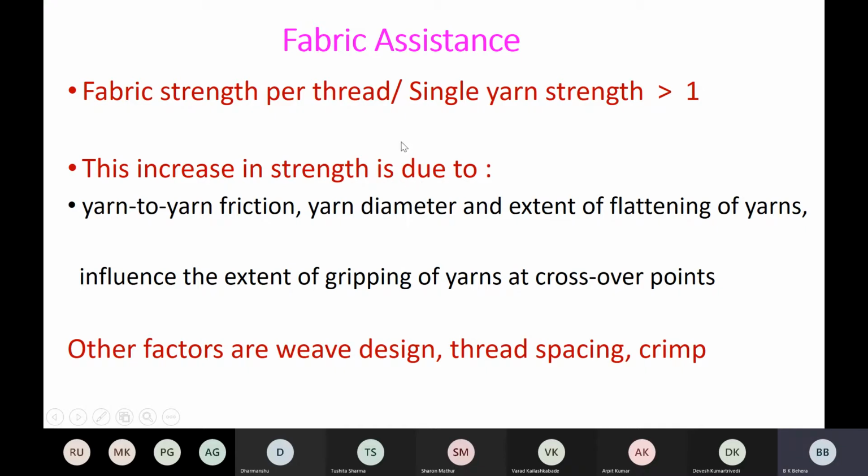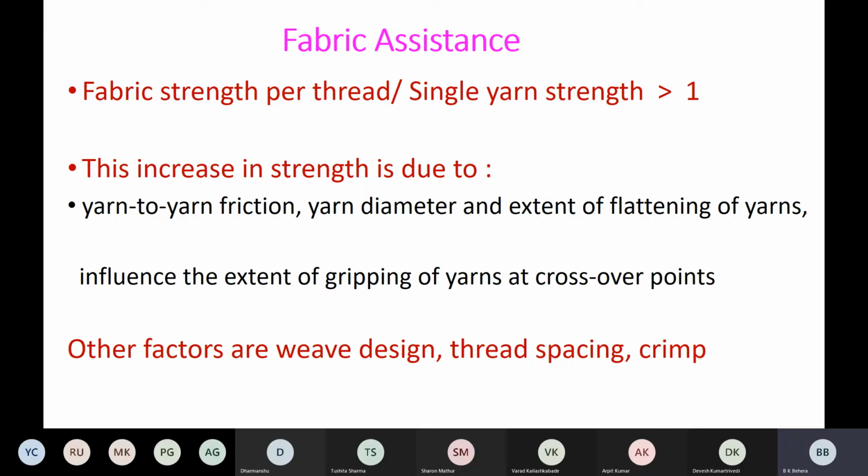First one is fabric assistance. What is written in the first line is the formula used to calculate fabric assistance. Fabric assistance means fabric strength per thread. When we carry out a tensile test of a fabric, we first cut a strip. The strip can be either in warp direction or in weft direction. For example, if it is in warp direction, let's say the strip has 100 threads.